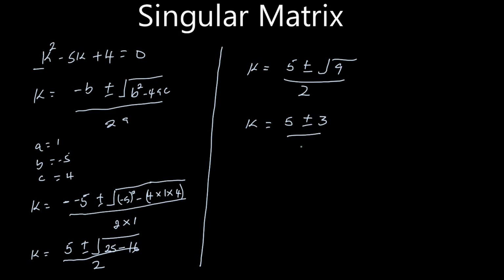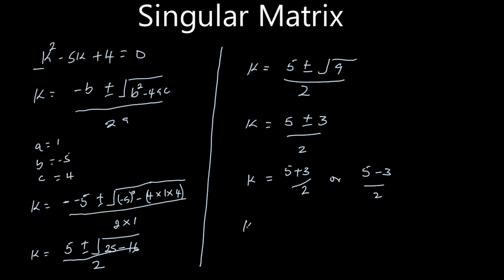and we remain with k equal to either 5 plus 3 divided by 2, or 5 minus 3 divided by 2.